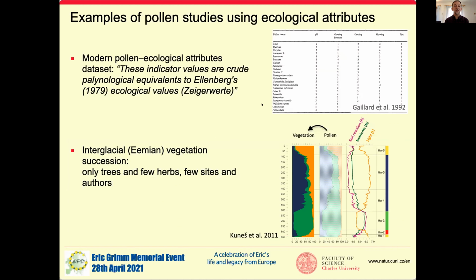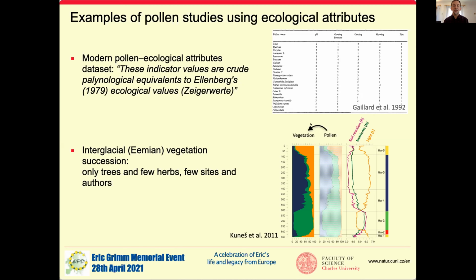So first, I want to highlight some pioneer works that have been done quite a long time ago, and one of them is the pioneer work, I would say, by Gaillard et al. They were basically doing a similar thing to what Heinz Ellenberg did in the 70s. They took many modern samples of pollen in the vegetation, and they measured many ecological properties, such as the acidity of the habitat and certain grazing and other disturbance pressure.